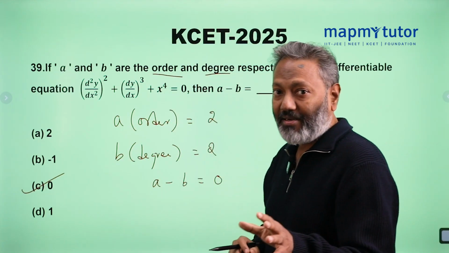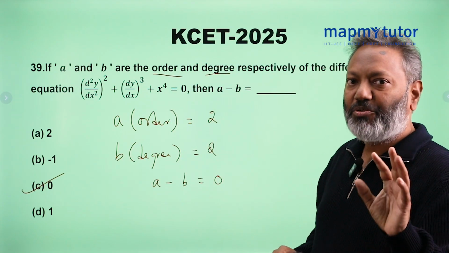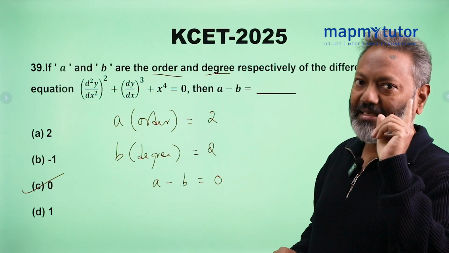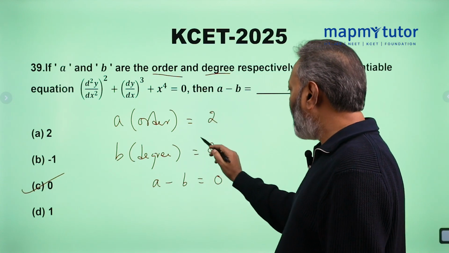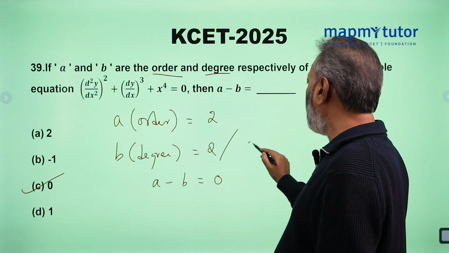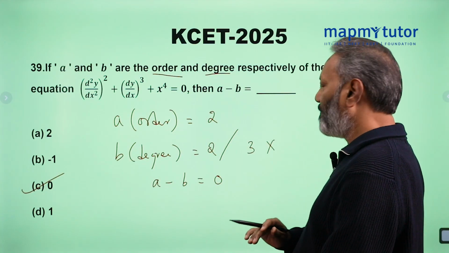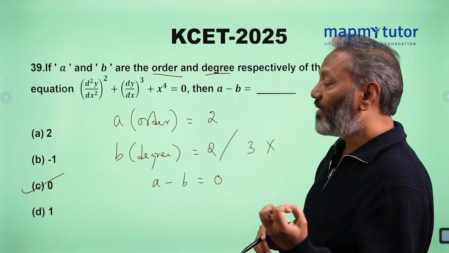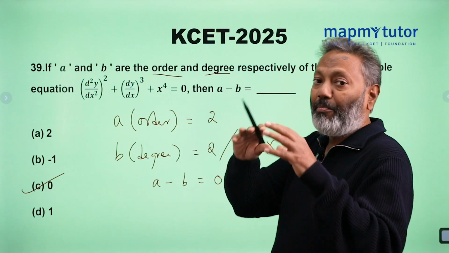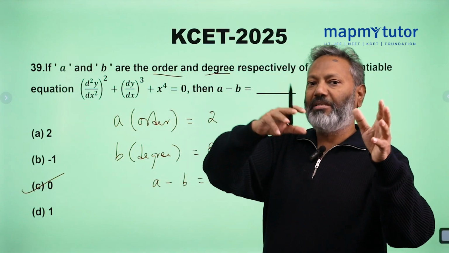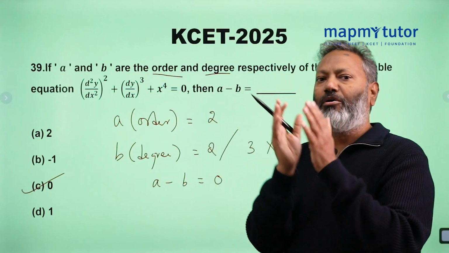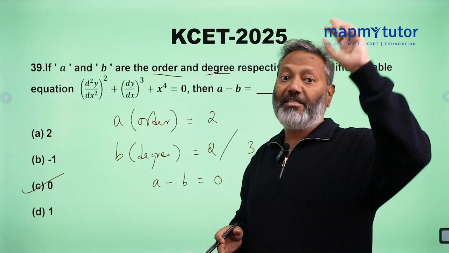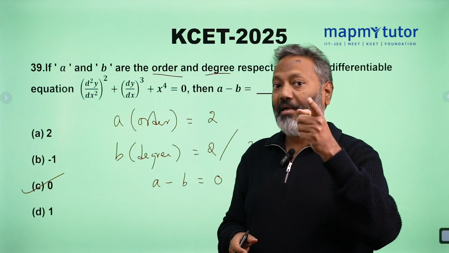But here, 50% of the students may make a mistake. There is a chance of a mistake. I'll also explain it. Instead of taking the degree as 2, they will take it as 3. Of course, it is wrong. Why will they take that? Because it is a tendency. In a polynomial equation, like x cube plus 3x square minus 5x plus 2, whenever I talk about degree, I say the highest power is the degree. Correct or not?